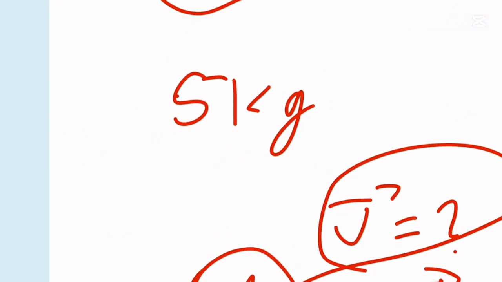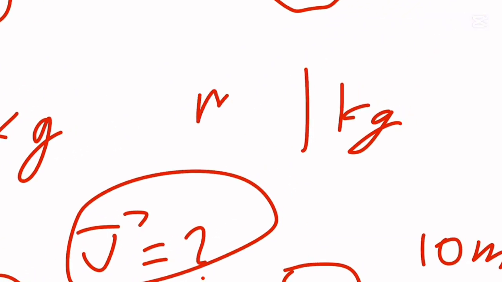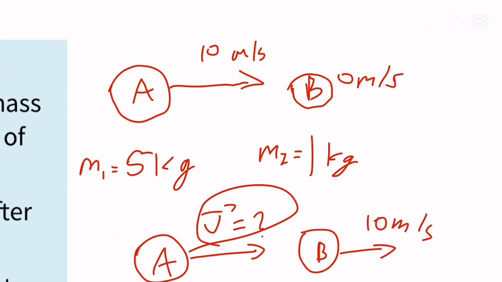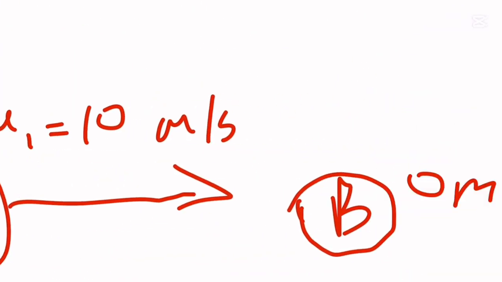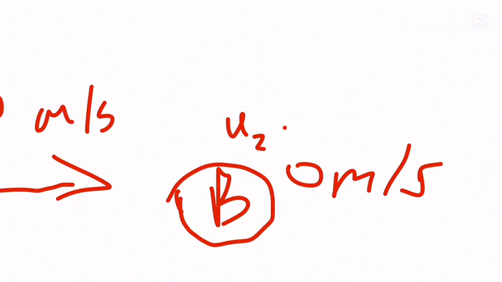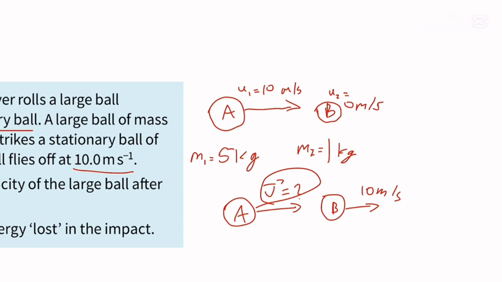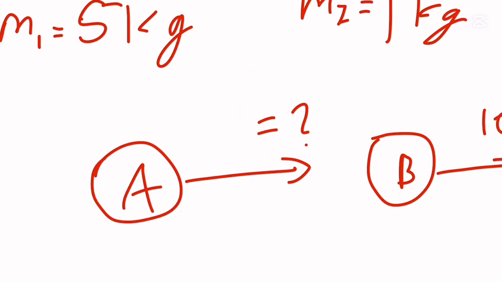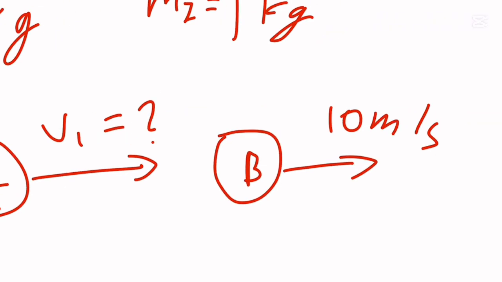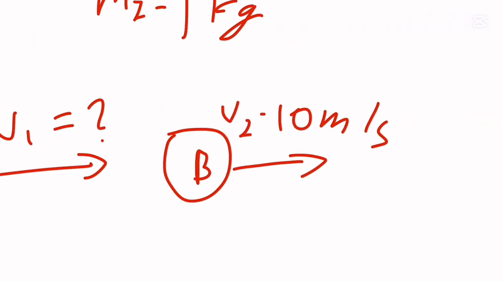So the total momentum before the collision will be, let's say that this is M1, and this is M2. Let's say that this is U1, and this is U2. And let's say this is V1, and this is V2.